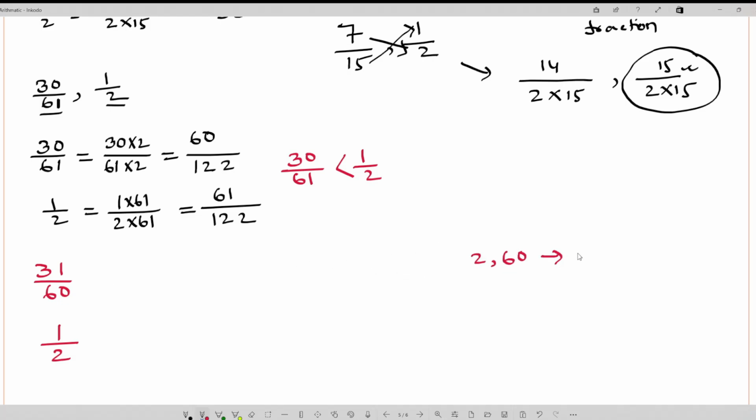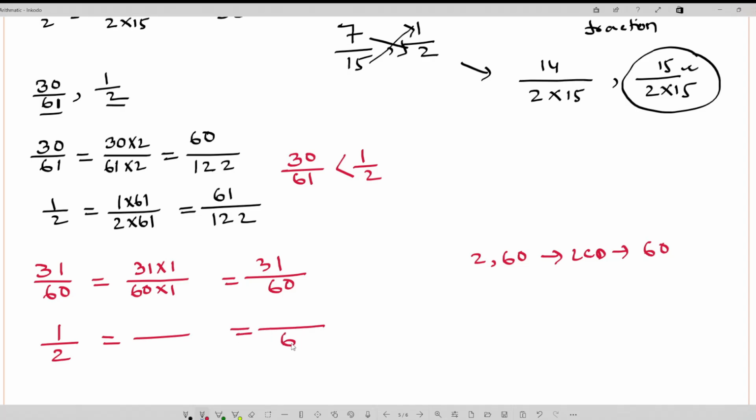In this case 60 times 1, and here is 31, so 31. Similarly, 60 is the common denominator, so 2 times 30, and 1 times 30, which is 30.